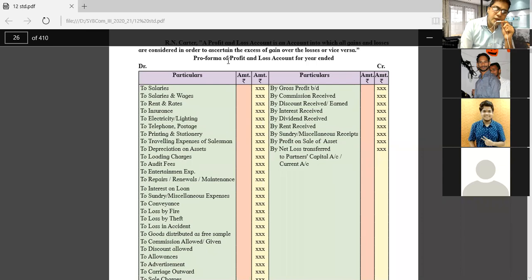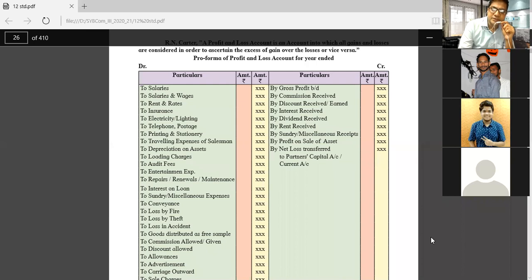Then commission allowed, commission given to the salesman, it is also an expense. Discount allowed, discount given to the traders, it is also an expense.